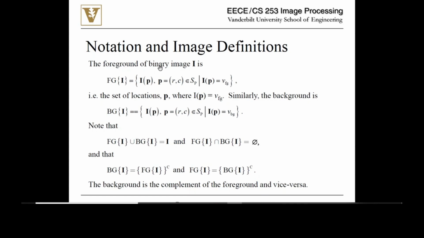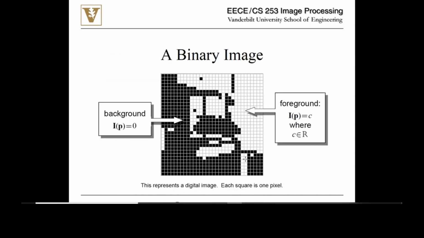You can say, for instance, the union of the foreground set and the background set has to be the image, the image considered as a set. And the intersection of these two sets has to be an empty set. And then the background is the complement of the foreground set, and the opposite: the foreground is also the complement of the background.